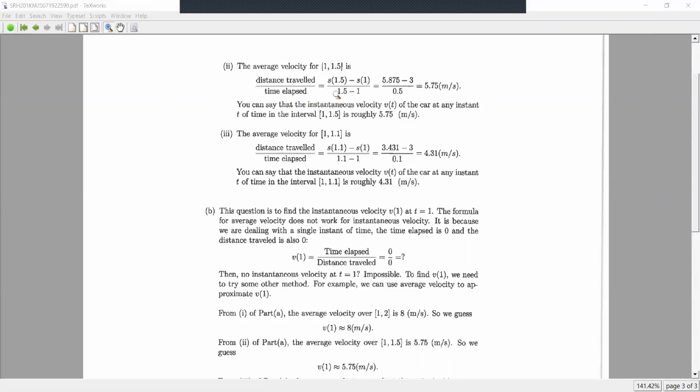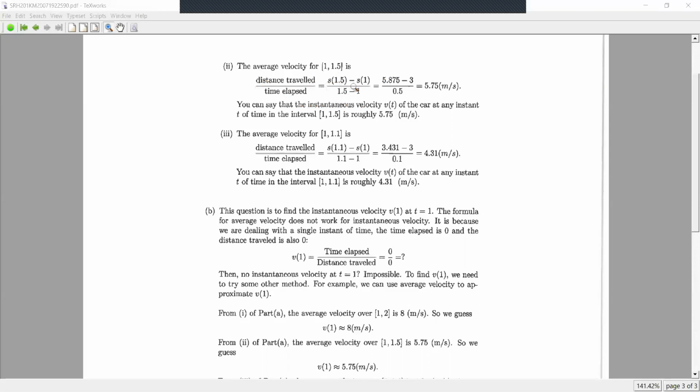From 1 to 1.5, the time elapsed is 0.5 seconds. Now, to determine the distance traveled, we compute the position of the car at 1.5, compute the position of the car at 1, then make a difference.